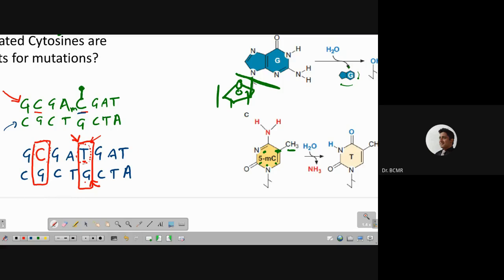That is when, if deamination of methylated cytosine happens, as I'm showing here, there will be a lot of mutations that might happen because the repair mechanisms cannot distinguish which one is the mutated base, because deamination of methylated cytosine results in formation of thymine, which is a natural base within the DNA.